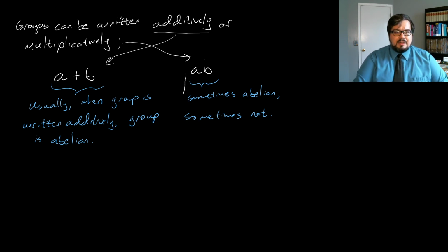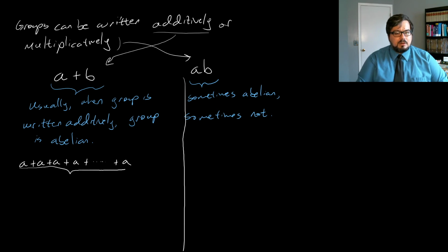On the additive side of things, if we want to write a plus a plus a plus blah blah blah plus a, and let's say we have n copies of a, we're always just going to write that as n a. Notice here, n is an integer, and a is a group element.